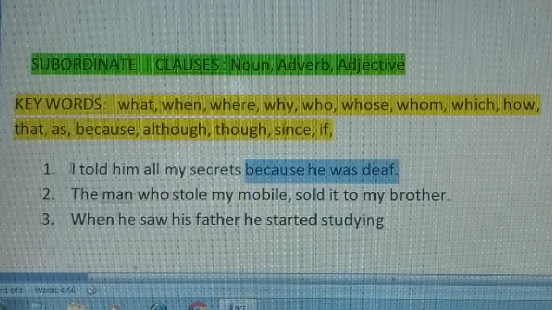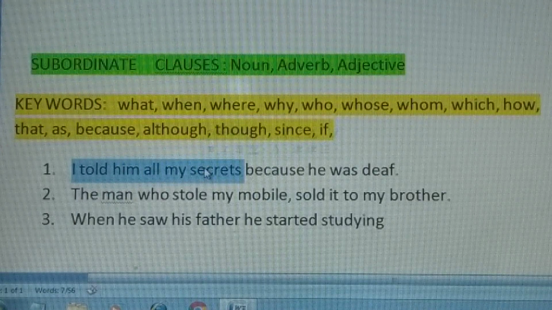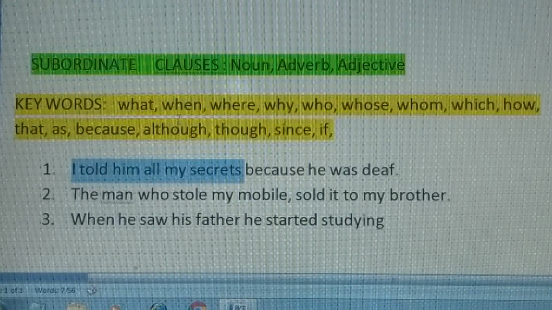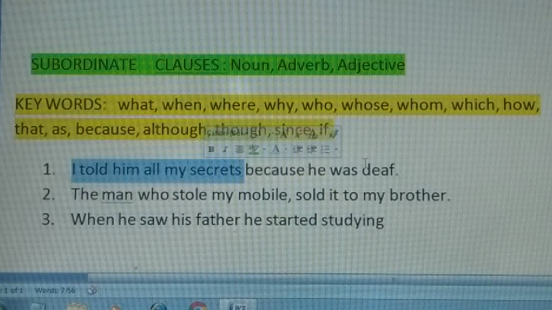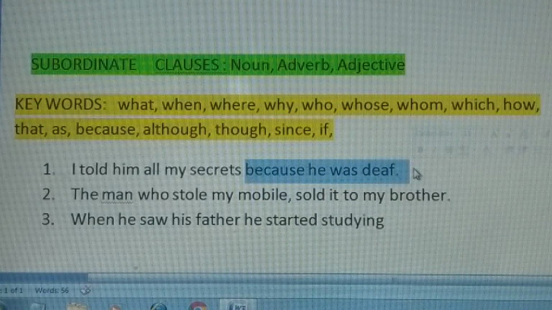Naturally, the remaining part, that is, I told him all my secrets, is the main clause. What is the importance of these keywords? Why are they called keywords? Because they will help you to find out subordinate clause.